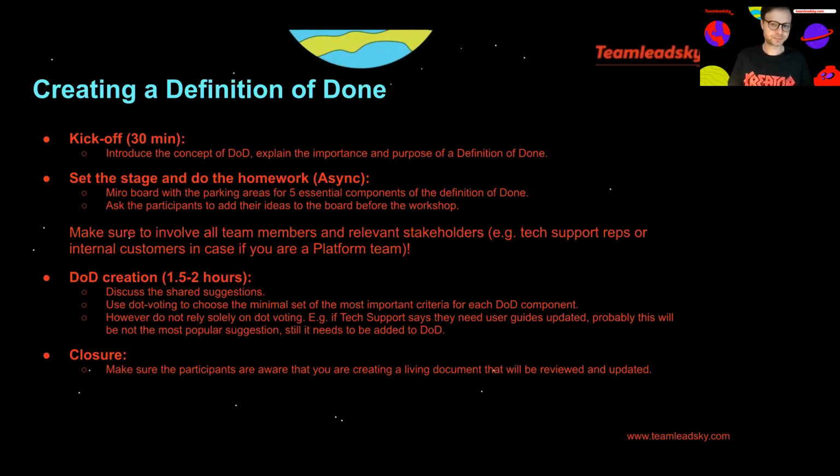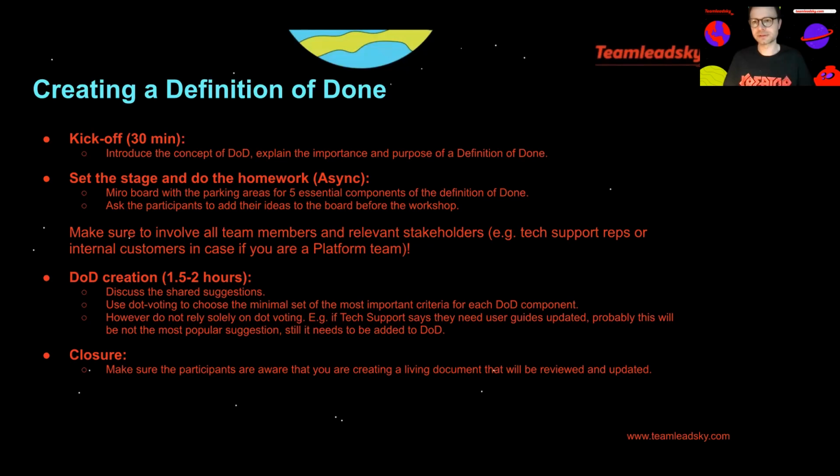After that, open up an asynchronous discussion, share a Miro board, for example, prepare parking lots for 5 essential components: the quality, the time boxing in case of analysis spike, and so on and so forth, and ask everyone to share their ideas, what kind of criteria they want to include in the DoD. And after that, end this up with one session.